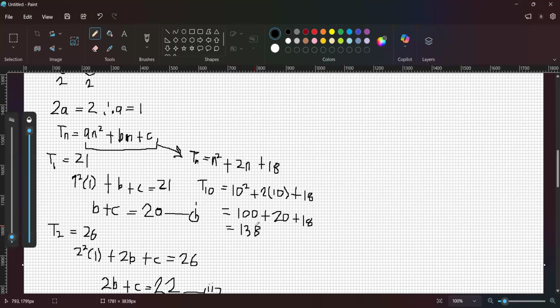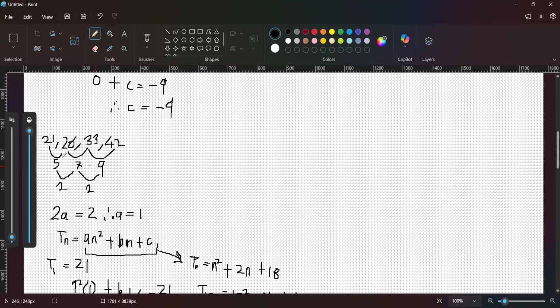So I think solving it like this is easier. I'm thinking that someone else would have said, okay, if I know the pattern like this and they're asking for the 10th term, can't I just continue it? If they wanted to do that method, this is what they would do.